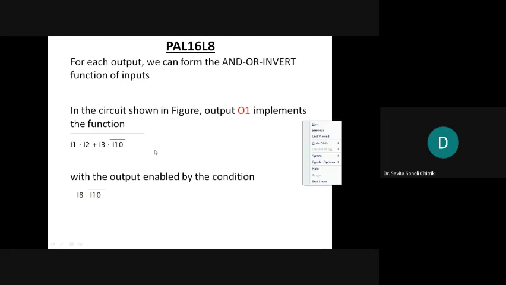So you can just check the crosses here. Output 1. You check this I1, I2, I3 and I10 bar and its complement, because of inverted outputs, no?